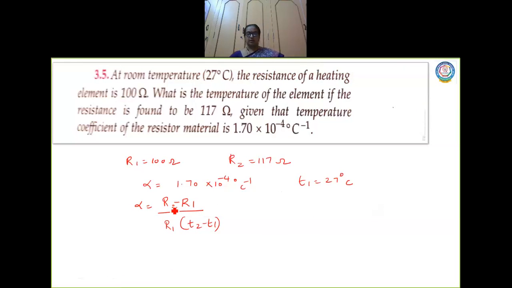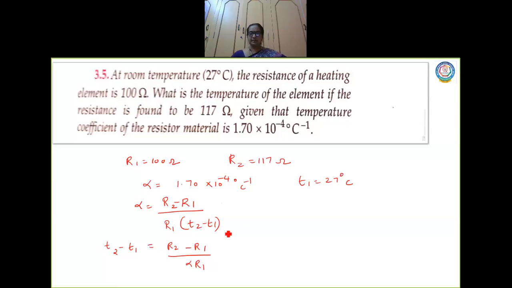Now I want the value of T2, so that term alone you bring to the left side. T2 minus T1 will be there, and the other terms, R2 minus R1 divided by alpha into R1, will come to the right side.